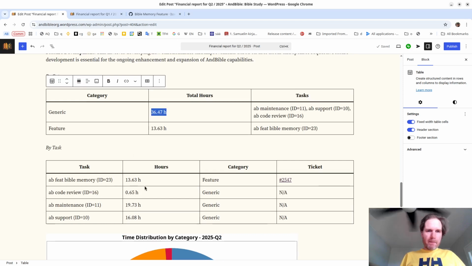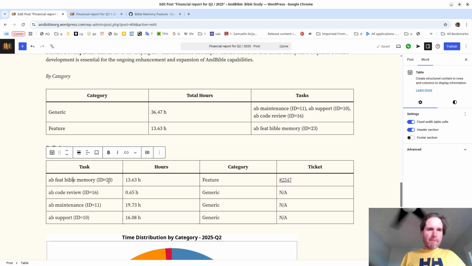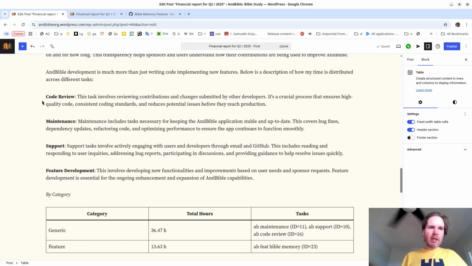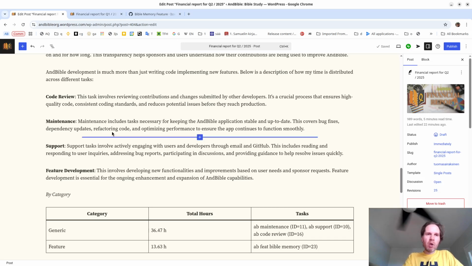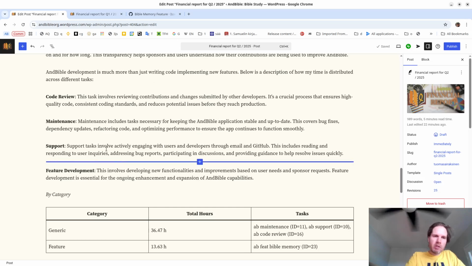But then based on task, there is this Bible memory feature, then code review, then basic maintenance work, and then support. And I have been writing a description of all of these sections or categories here, so it's possible to see what is the purpose and the meaning of each category.